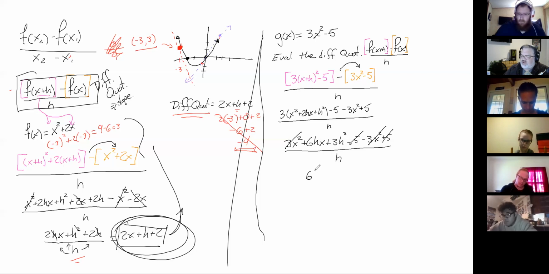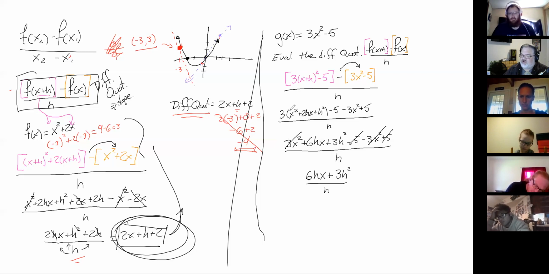It might almost seem either magical or rigged or something, that everything without an h is going to cancel out here. This really does always happen when we're dealing with a polynomial. Whenever this g of x is a polynomial, these terms that have no h in them will always cancel out if we've multiplied everything out properly.